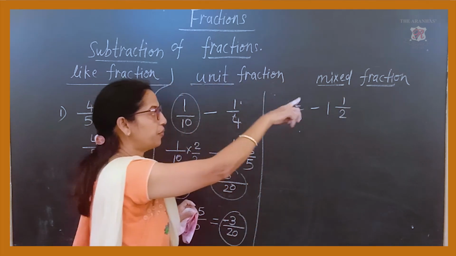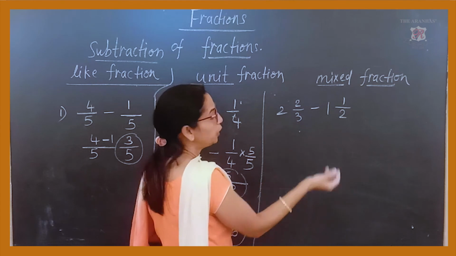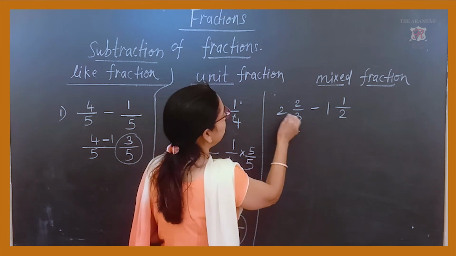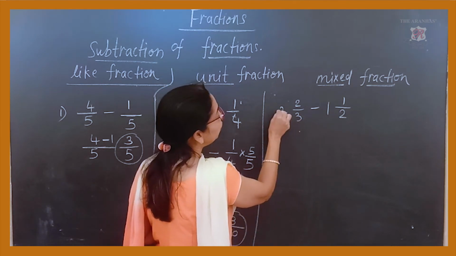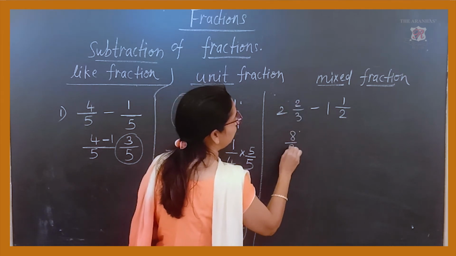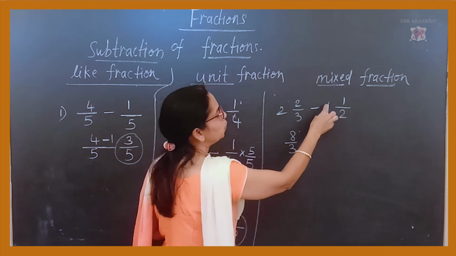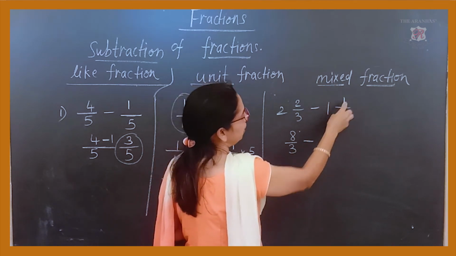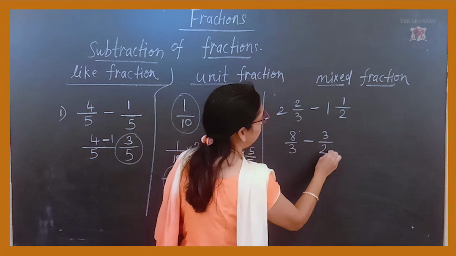Again, the mixed fractions we have to convert into improper fractions. That means we multiply 2 into 3, that is 6, plus 2, 8 upon 3. And here 2 ones are 2, plus 1, that is 3 upon 2.